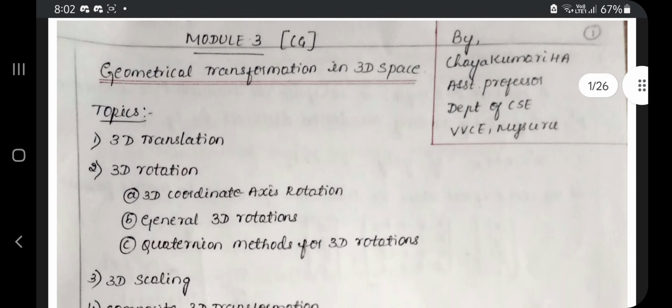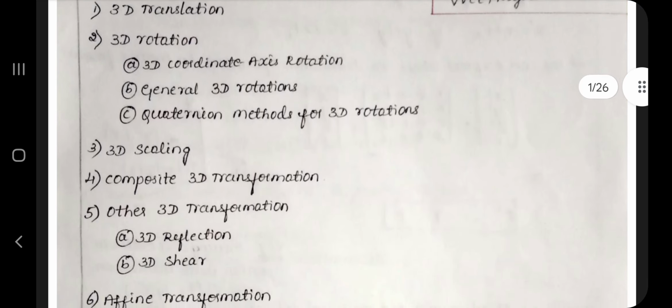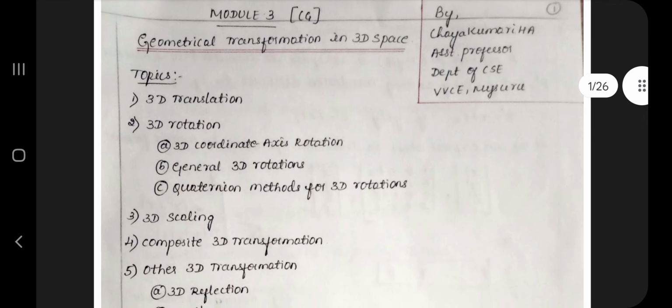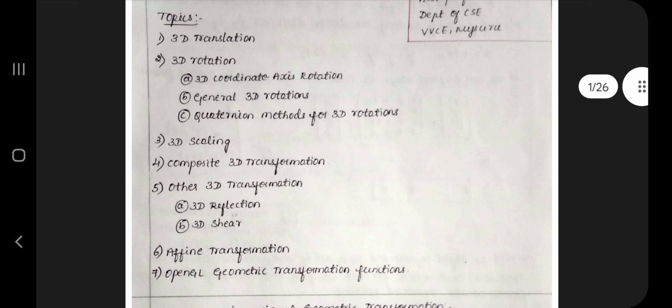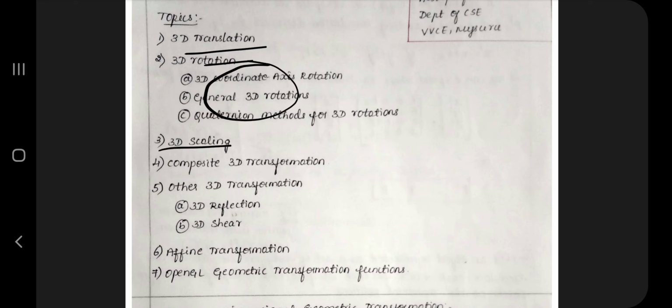See here, these are the topics in 3D geometric transformations. How many topics are there? Seven topics. Translation. In rotation we have three further topics. Then we have scaling. After that we have composite, then the other three transformations, affine and OpenGL geometric transformations.